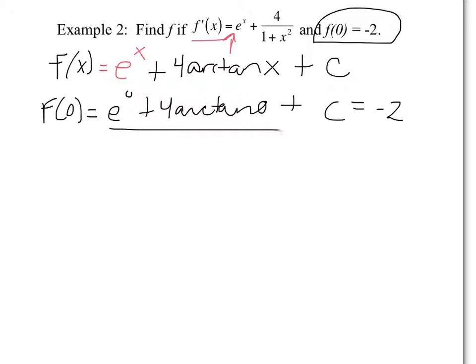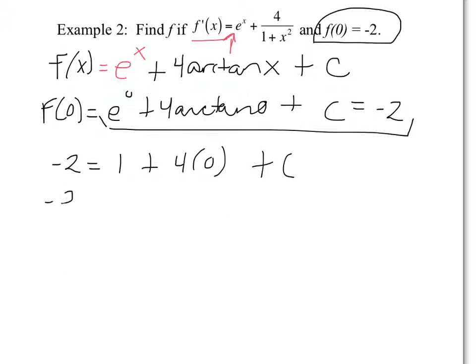Now I have this equation that I can solve. I know that arc tangent of 0 is 0, and if you're not sure, plug that into your calculator. So we have negative 2 equals 1 plus 4 times 0 plus c, or negative 2 equals 1 plus c.